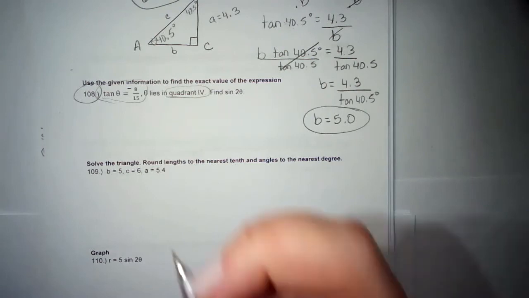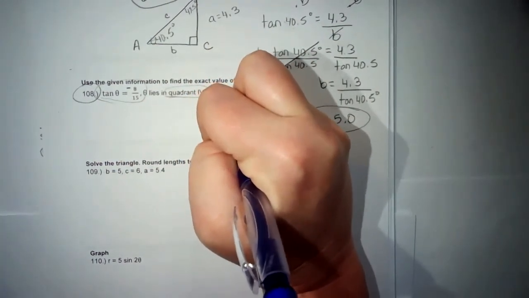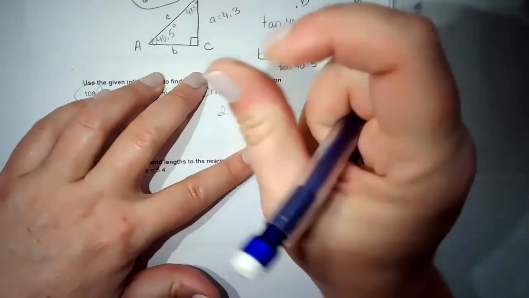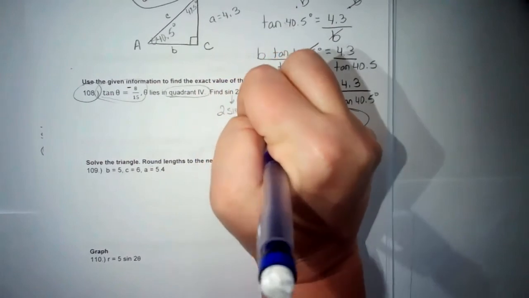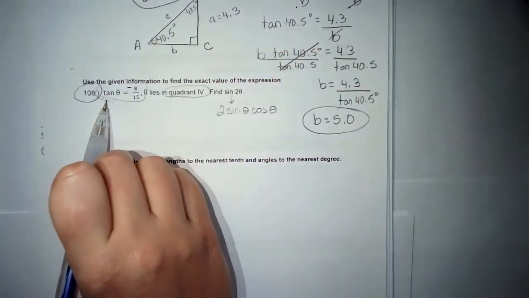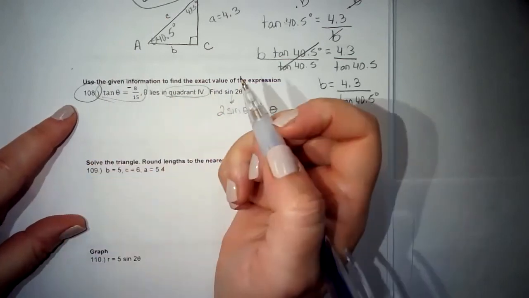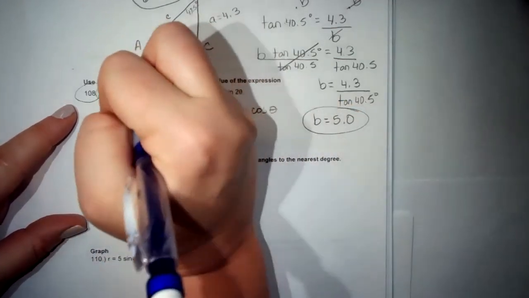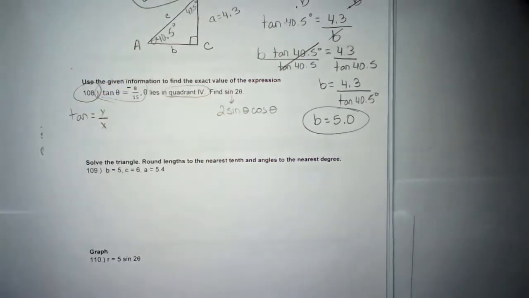Okay, so I'm going to find 2 sine theta cosine theta, because I started with something different. The information I have so far is tangent equals y over x.